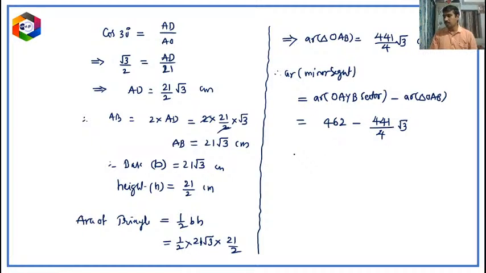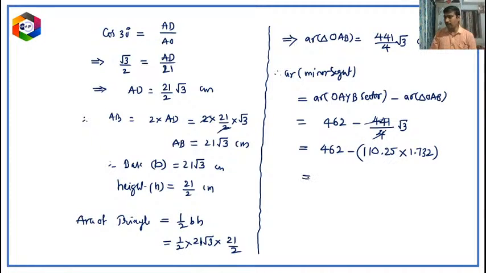This should finally be simplified. 441 by 4 is 110.25, into the root 3 value, which is 1.732.